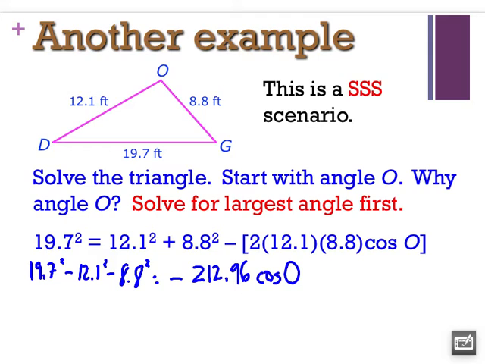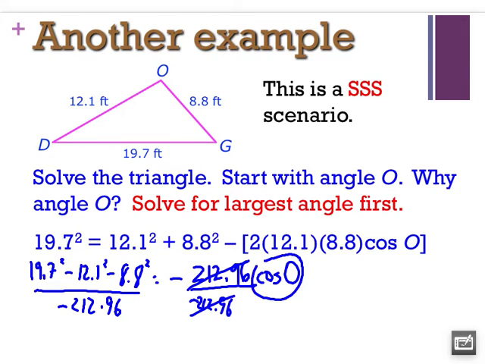Almost there. So now I'm going to divide by negative 212.96 and divide this by negative 212.96. These will cancel, and that'll leave me with the cosine of angle O.